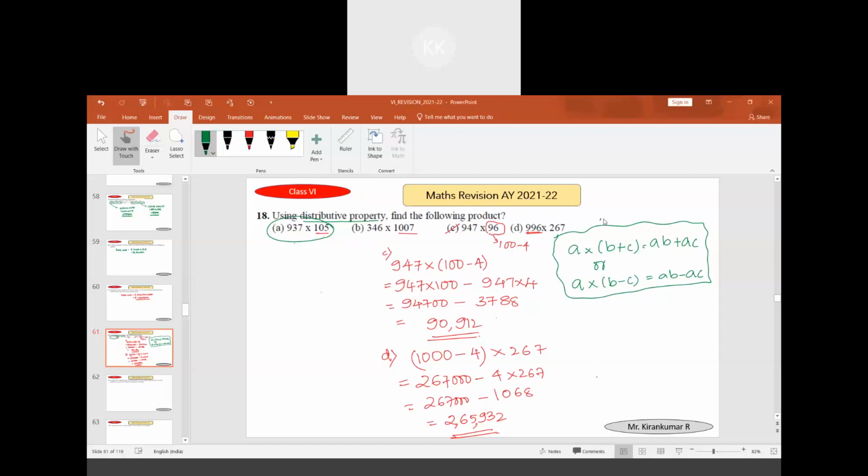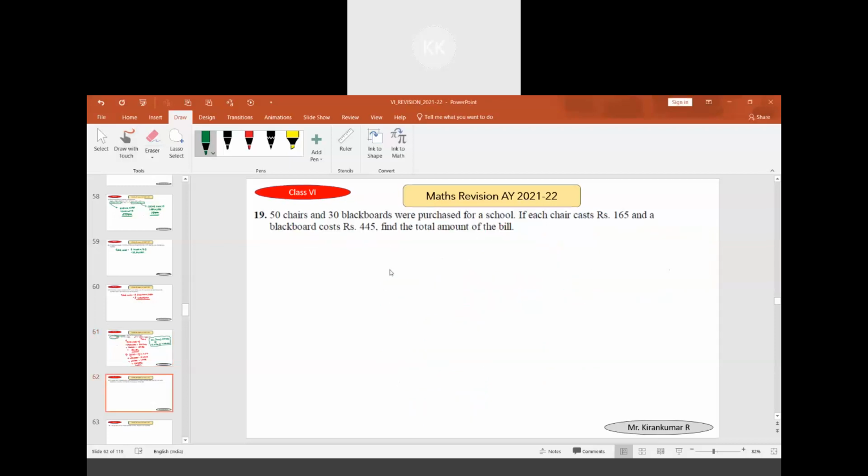Now the next question. 50 chairs and 30 blackboards were purchased for a school. If each chair costs rupees 165 and each blackboard costs rupees 445, find the total amount of the bill. The bill contains the cost of chairs as well as the blackboards.